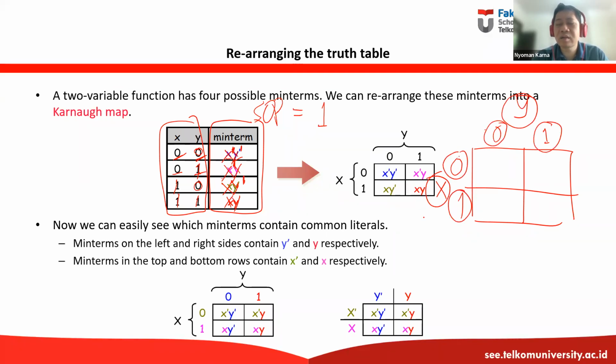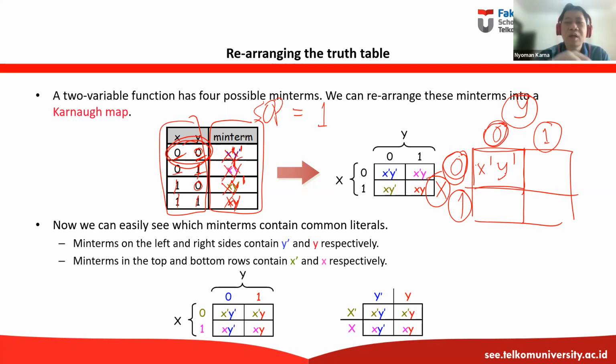And then the value that we're going to put in here is, when X is 0 and Y is 0, the min term is X naught, Y naught.